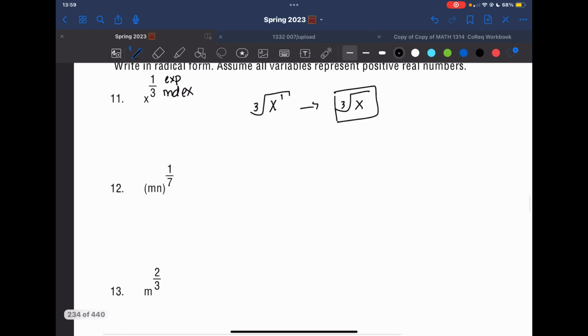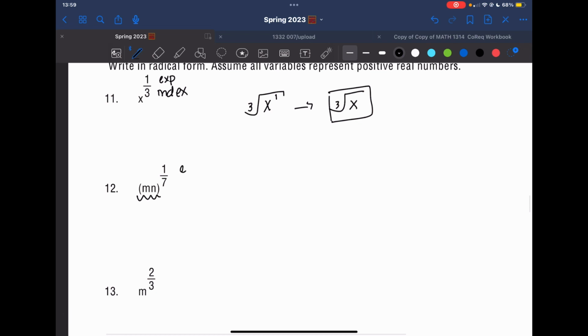Okay, so we're going to keep this base, the mn. So again, this is the exponent on top, the index on the bottom. So it's going to be mn raised to the 1st power to the 7th root. So simplify that, mn and the 7th root of that.